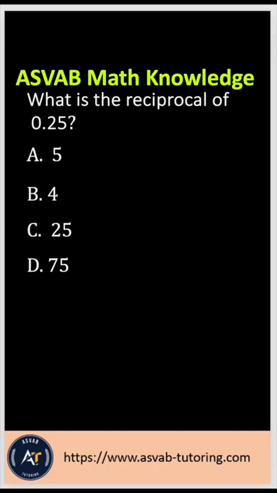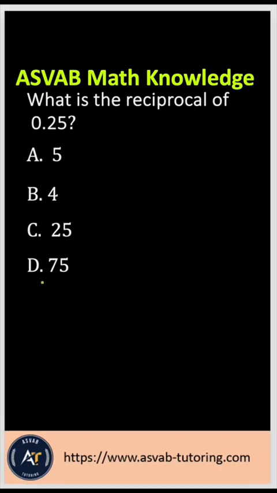Let's learn this ASVAB math knowledge question for the ASVAB PiCAT, CAT-ASVAB, AFQT and ASVAB GT. The question says, what is the reciprocal of 0.25? Reciprocal means you have to flip the number.